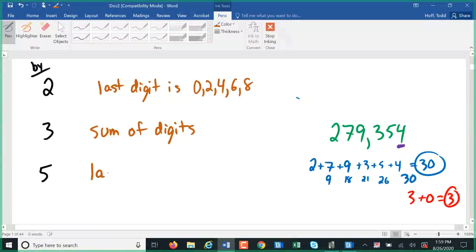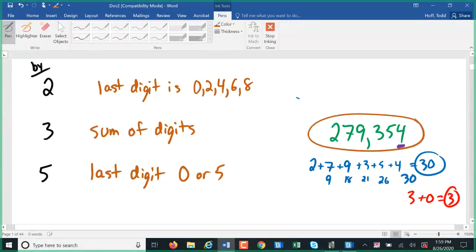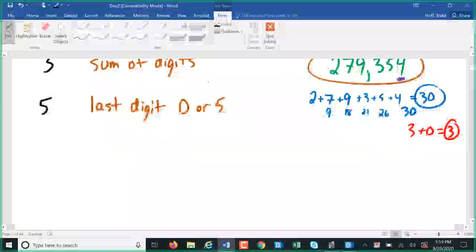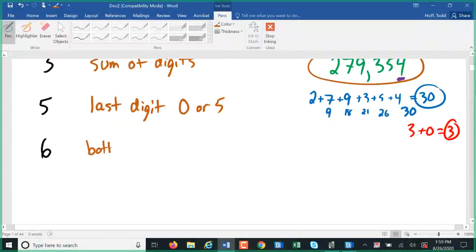Yeah, the last digit is 0 or 5. So this here is not divisible by 5 because the last digit's a 4. 6 is another one that we could just divide by 2 and then by 3. In fact, the rule is it's divisible by both 2 and 3.